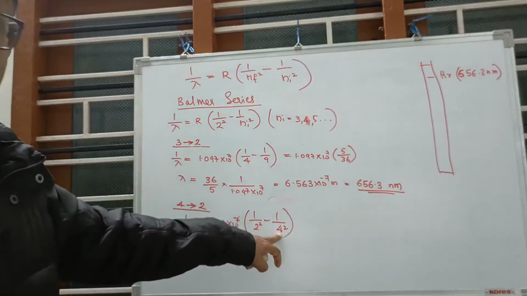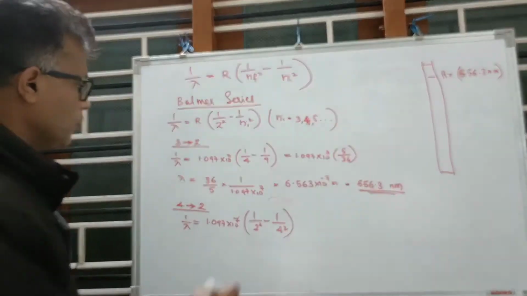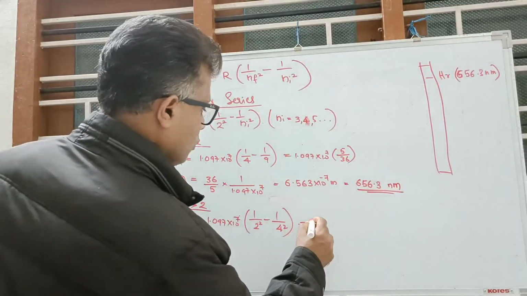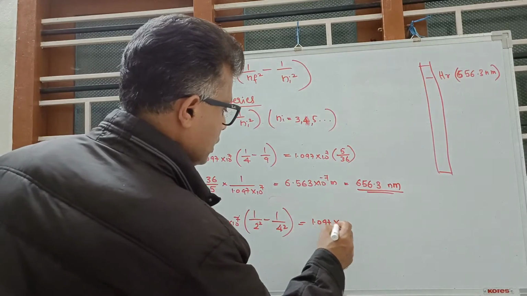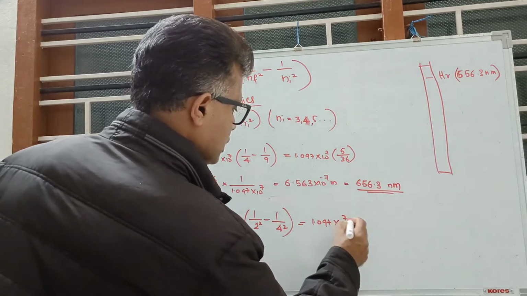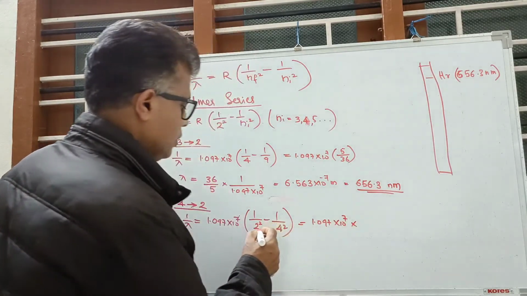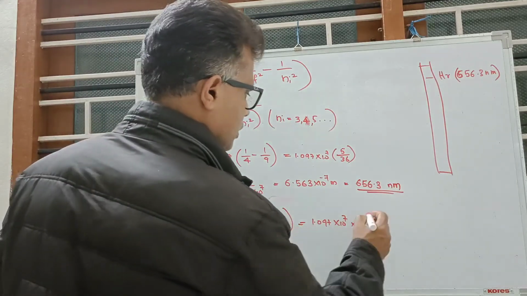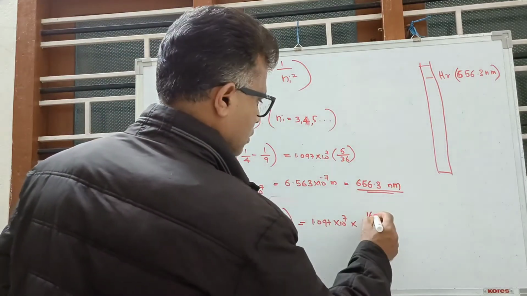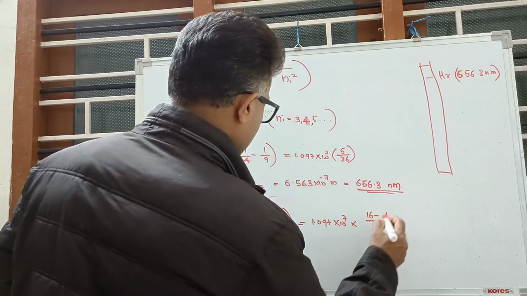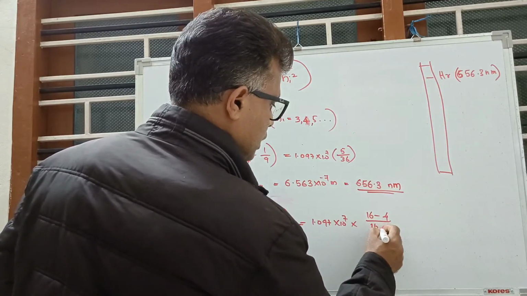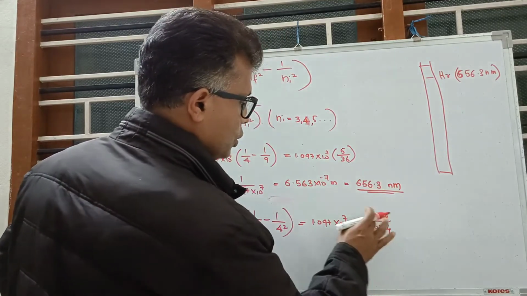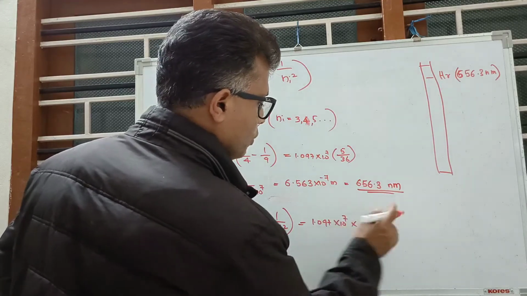So, it is going to become 1.097 into 10 raised to 7 into 16 minus 4 divided by 16 into 4. So, 16 minus 4 is 12.